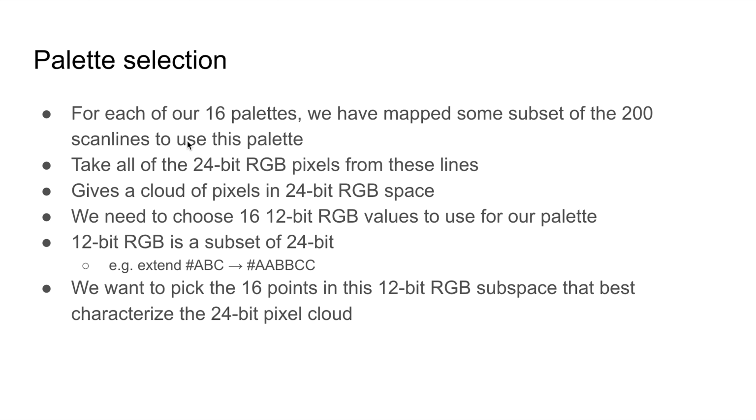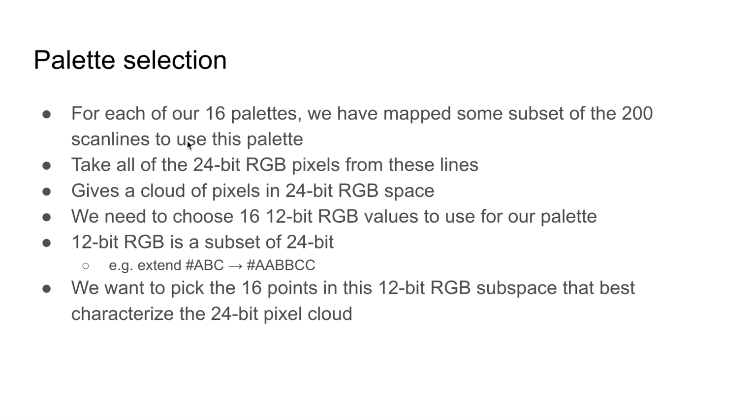So now for each of the 16 color palettes, we've chosen which of the 200 scan lines in our image we want to use for that palette. We can take the set of pixels from those lines and treat them as 24-bit RGB values. This gives us a sort of cloud of pixels in this RGB color space.